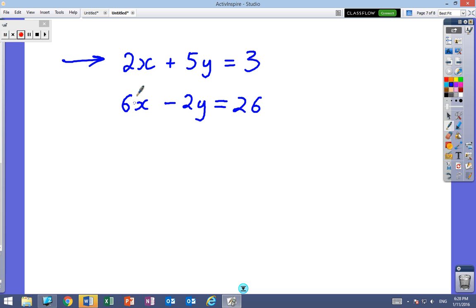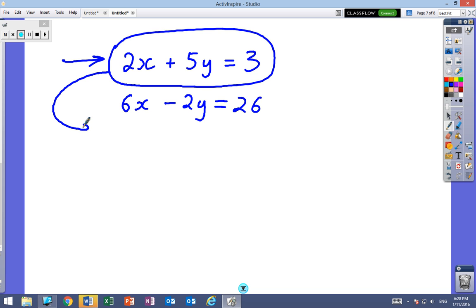2x. If I multiplied this by 3, I'd get 6x, wouldn't I? So what I'm going to do, I'm allowed to take this whole equation and multiply everything in it by 3. Because remember, as long as you do the same thing to both sides, you don't ruin an equation.